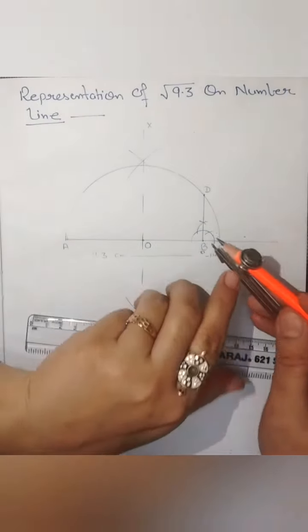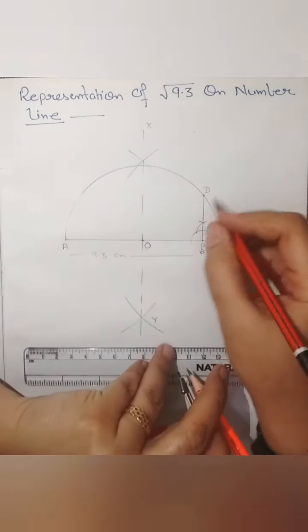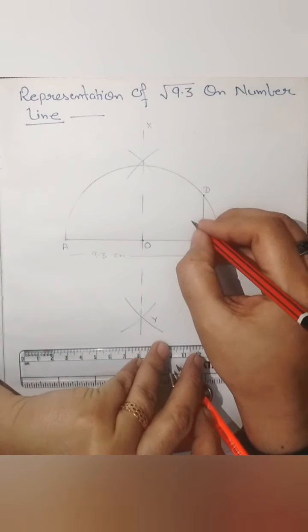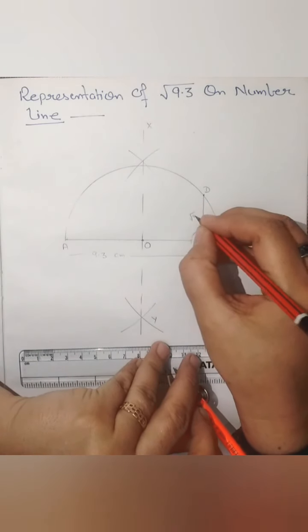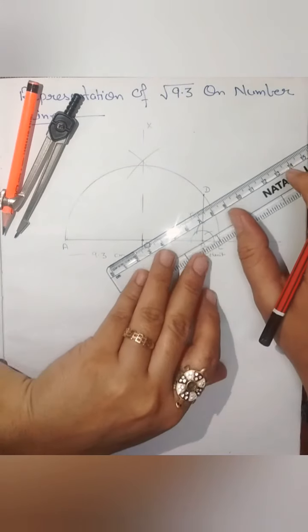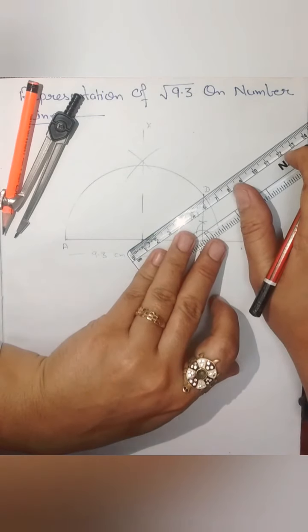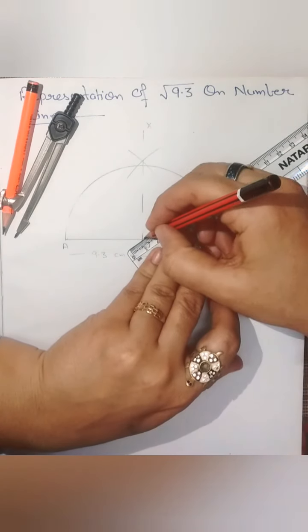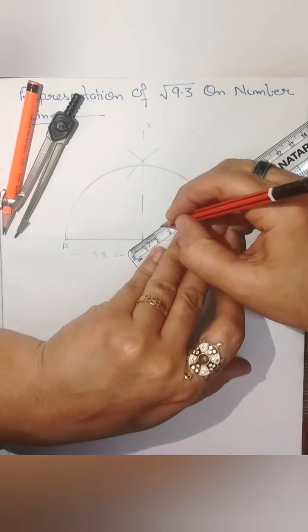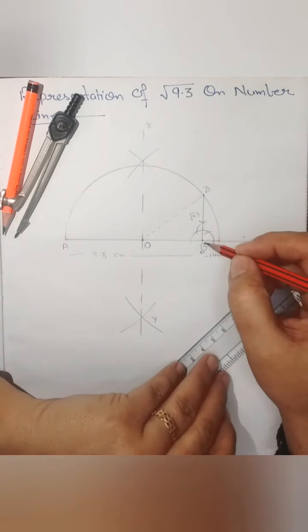Now assuming B as center of circle, this BD will be equal to root 9.3. You can calculate this by applying Pythagoras theorem. See, if you join OD, it can be calculated by using Pythagoras theorem that BD is equal to root 9.3.